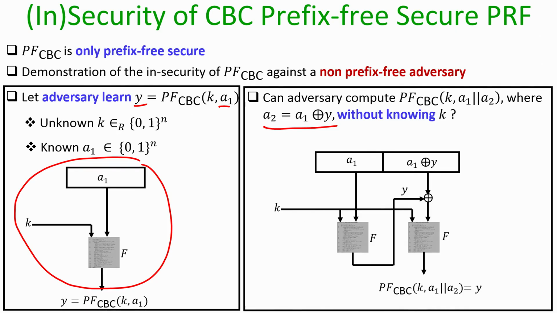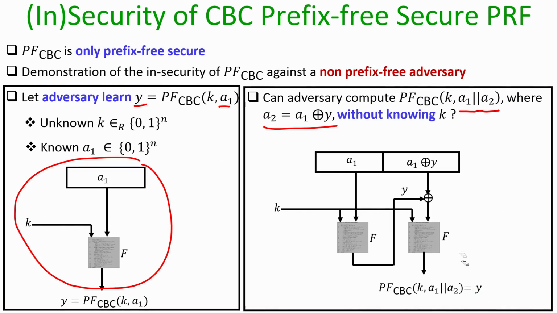What the adversary can do is first ask for the function output on the block input A1, and then ask for the function output on the sequence of block inputs A1 comma A2, and compare it with Y. If it sees the output on the sequence A1 comma A2 to be Y, then it knows that it is interacting with a prefix-free CBC PRF, and if the output is not Y, it means that it is interacting with a truly random function. It can be formally proved that the distinguishing advantage of the distinguisher is significant.